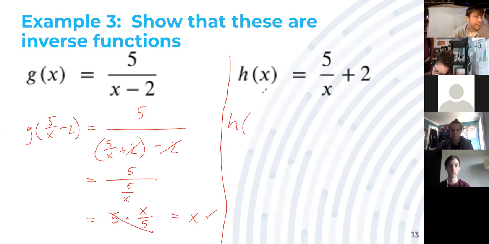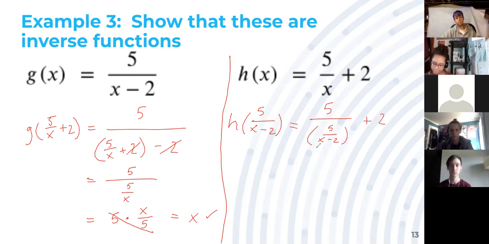So now I'm doing h of this, 5 over x minus 2. That's going to be 5 over x, which is 5 over x minus 2 plus 2. Bit of a mess. Remember, instead of dividing by this fraction, I can simply multiply by the reciprocal of this.